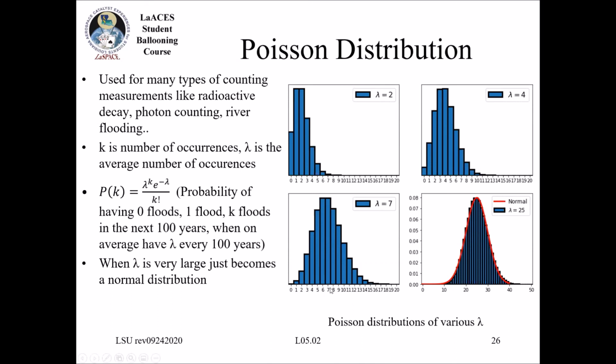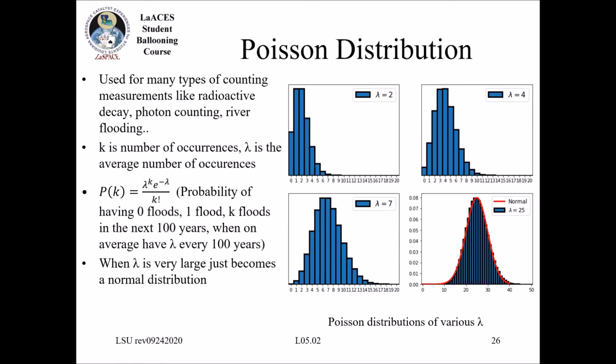And obviously, the average value, which is what lambda is, shifts, so the center also moves. If I go high enough up to 25 and I look at a normal distribution, it looks pretty close, but you can see here on the left-hand side, it's a little bit lower.